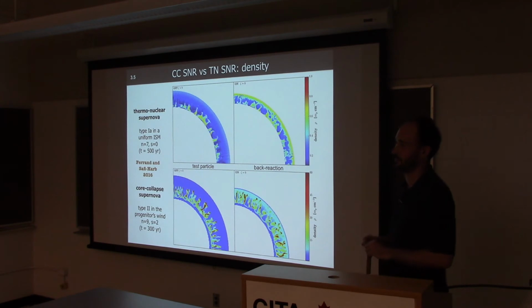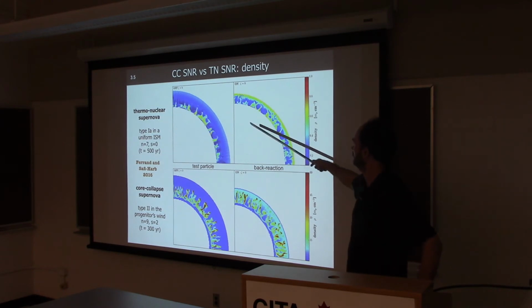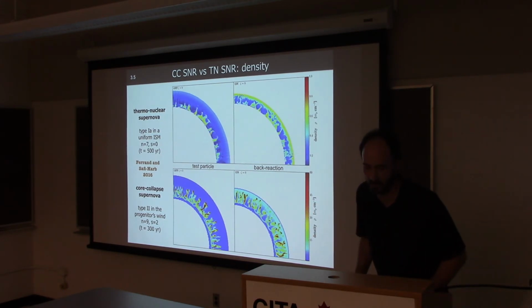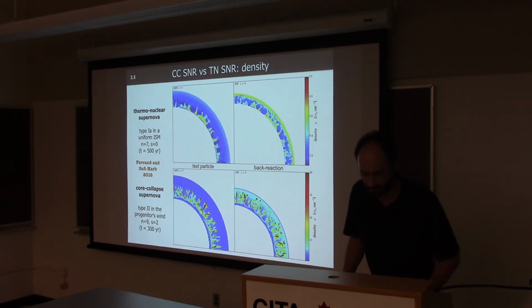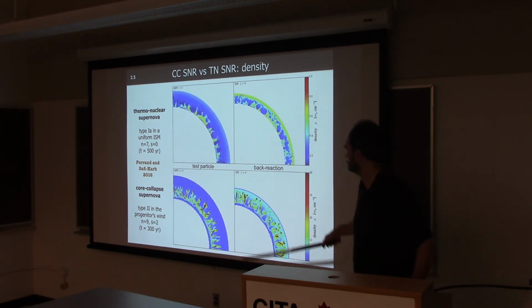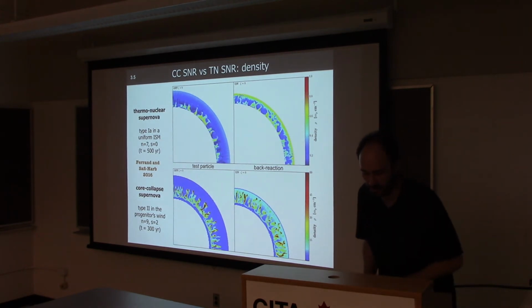Then I do the hydro simulation at later phases with Ramses. The top one is what you've seen before, a thermonuclear one like Tycho. The bottom one is a core collapse one like Cassiopeia A. And you see differences in the way the Rayleigh-Taylor fingers are growing.